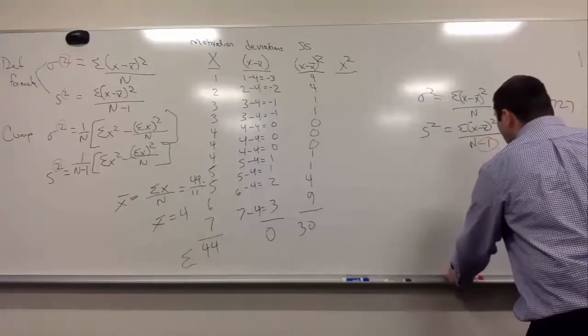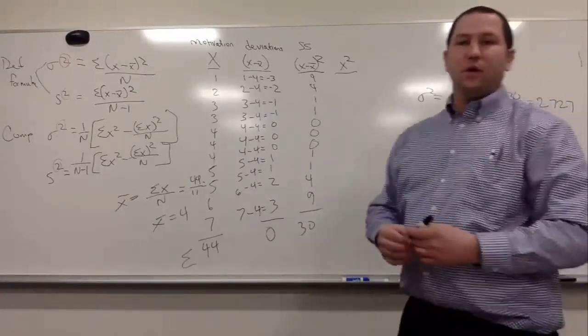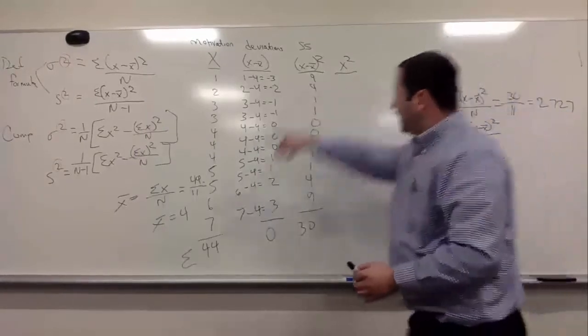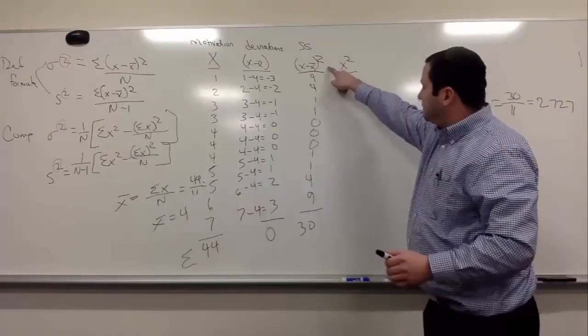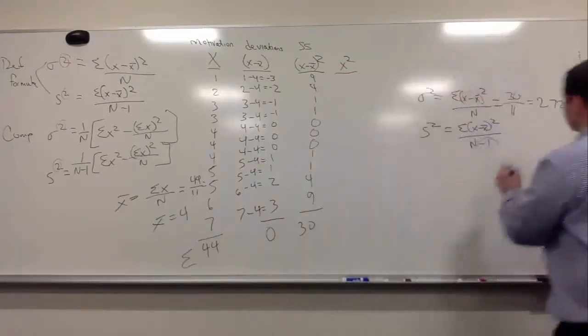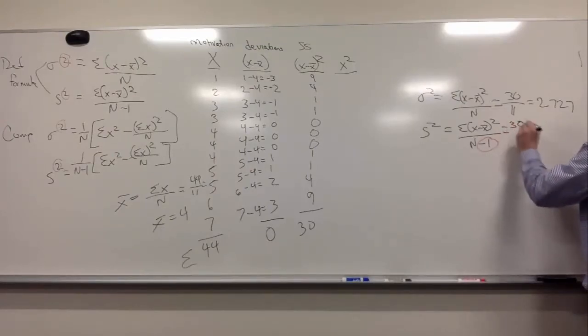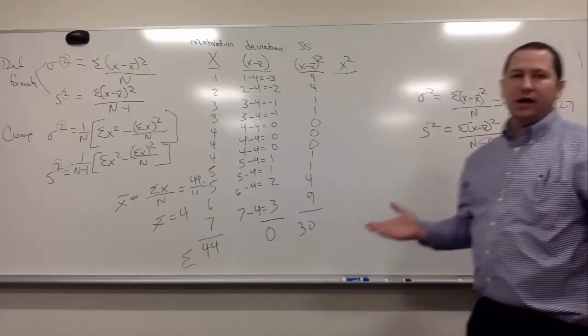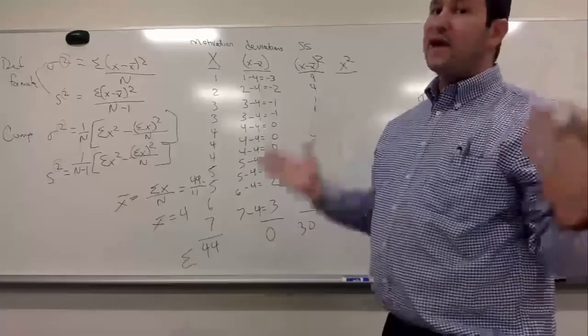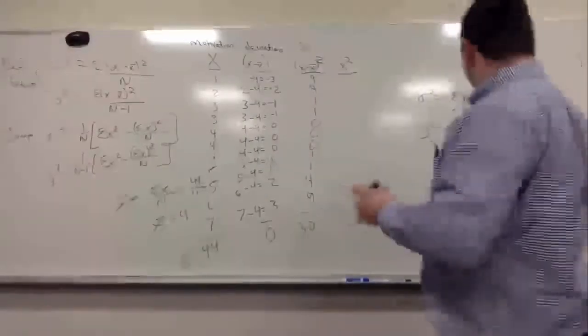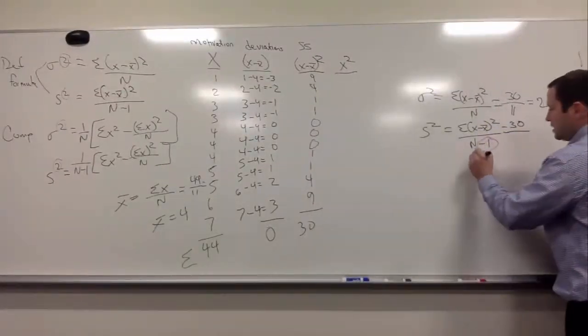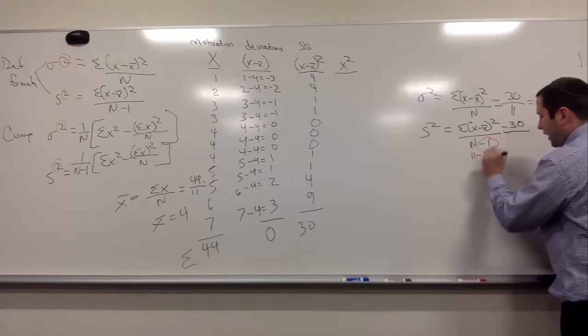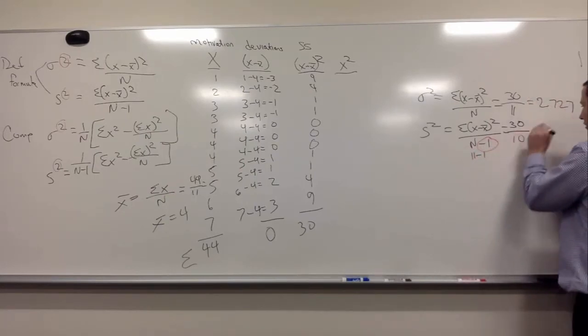Okay, so our sum of squares. What was our sum of squares? Sum of squares is 30. So let's put 30 there. Now, the n was what? We said the n was 11. What's n minus 1? That will be 11 minus 1, which is equal to 10.